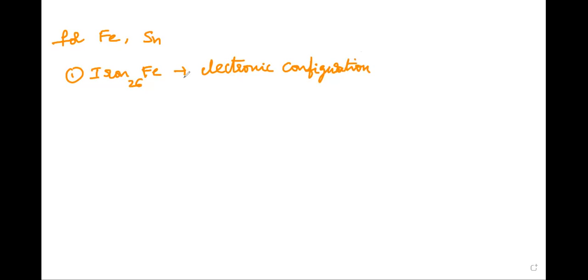What is the electronic configuration for iron? 1s2, 2s2, 2p6, 3s2, 3p6, 3d6 and 4s2.